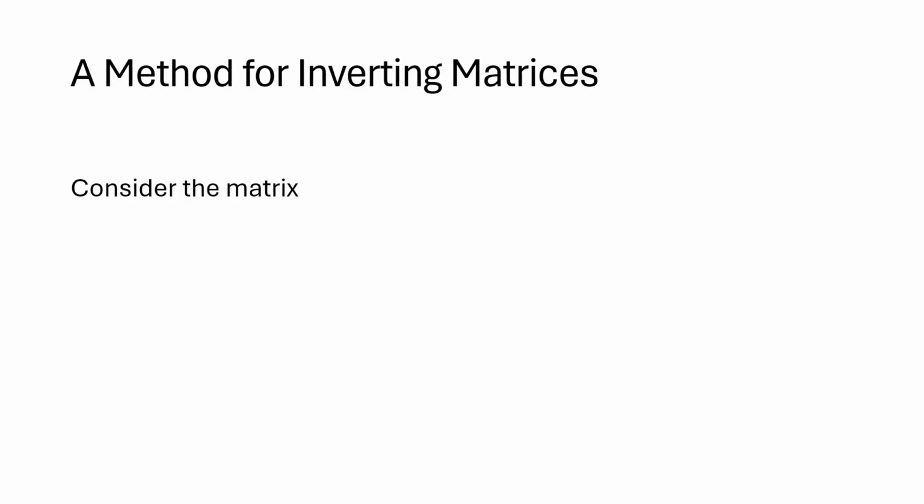So we have a method for inverting matrices. As a first application of Theorem 1.5.3, we will develop a procedure that can be used to tell whether a given matrix is invertible, and to produce its inverse. To derive this algorithm, assume for the moment that A is an invertible n by n matrix.